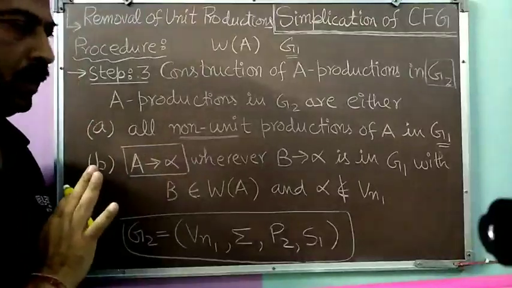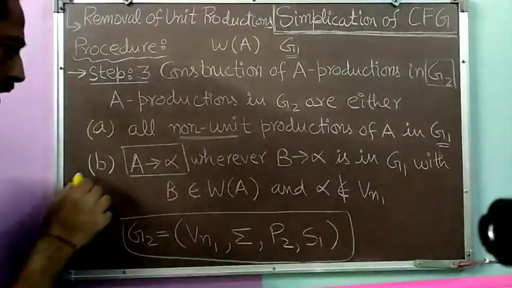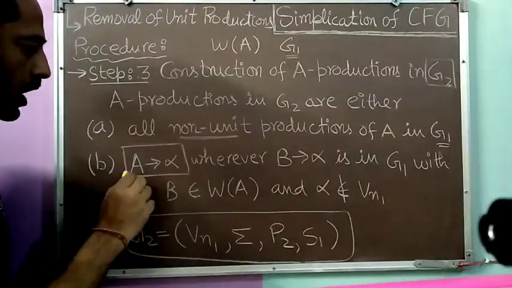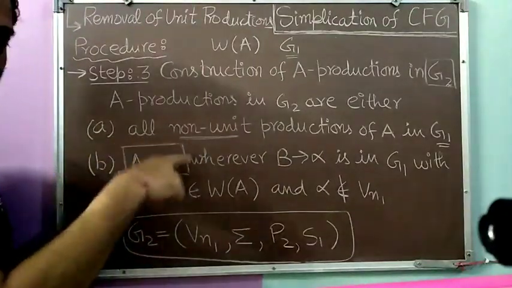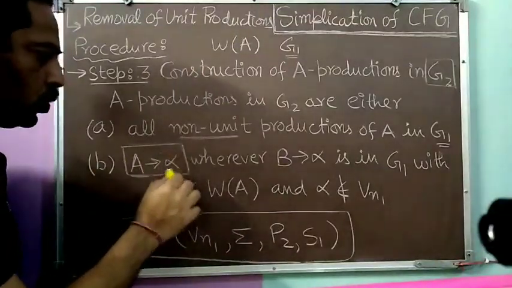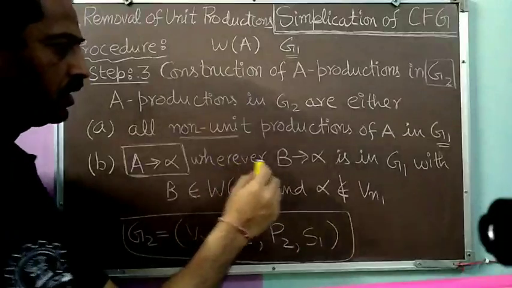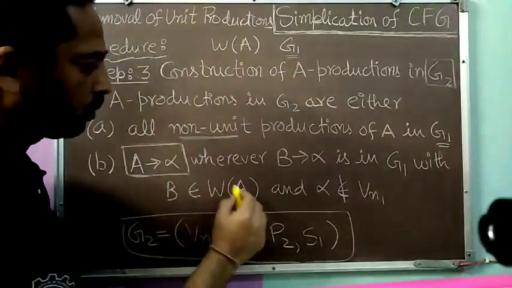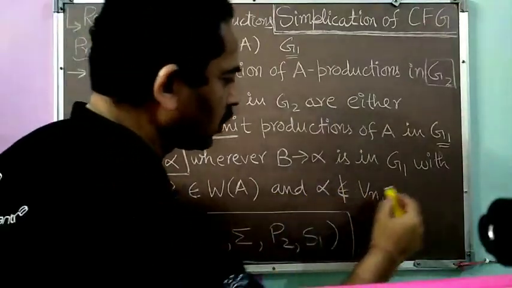Then second, part B: we will include some more productions of the form A to alpha. How will we choose alpha? Wherever B to alpha is in G1, with B belonging to W(A) and alpha not belonging to V_N1.